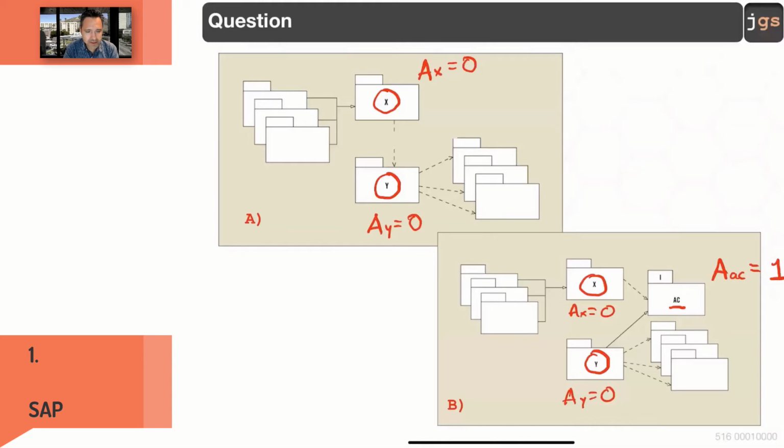And with the numbers, you can agree that, well, scenario number one, help me. What is the instability for X? Help me. What is the instability for Y? Can you help me with the numbers? What do we do to calculate those numbers? The first one, we have these 3 inputs, 1 output, so 1 divided by 3 plus 1.